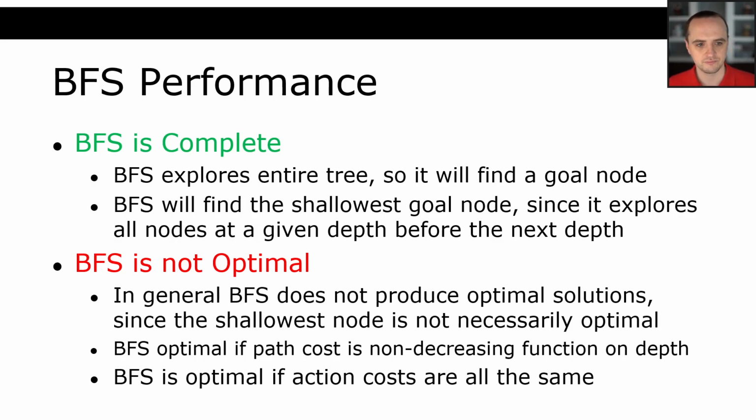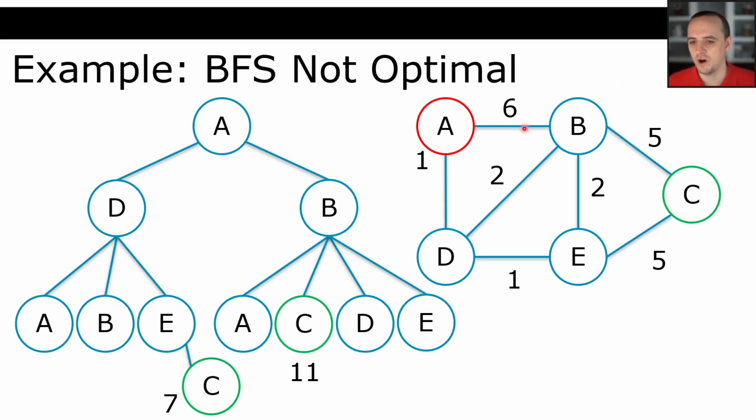If we wanted to find the shortest path, we would have had to go an extra depth, and BFS won't let us do that, okay? But if all the path costs here were 1, then we would have found the optimal path. So just make sure that you know that BFS in general is not optimal.